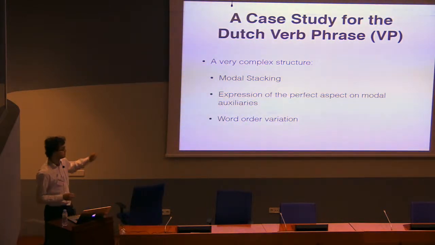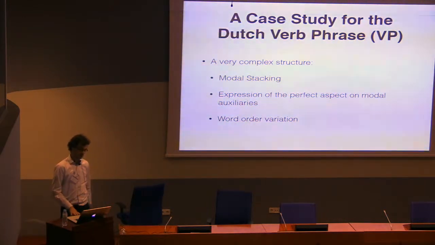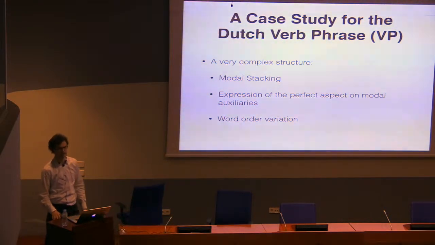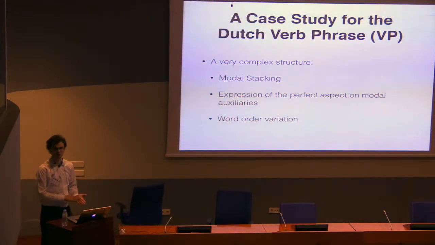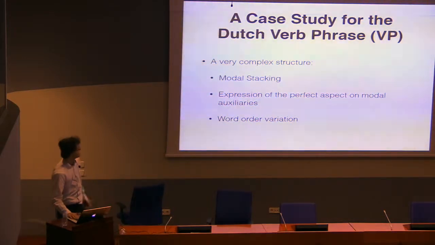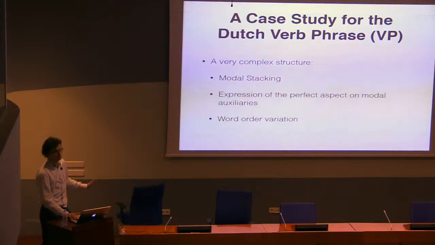There is also word order variation, especially when there are perfect forms. And there is quite a lot of linguistic debate about whether this has a very small influence on the meaning or actually no influence at all. I would rather think a very small influence.